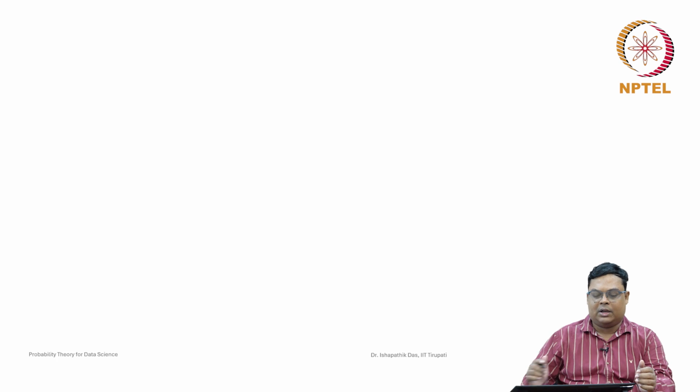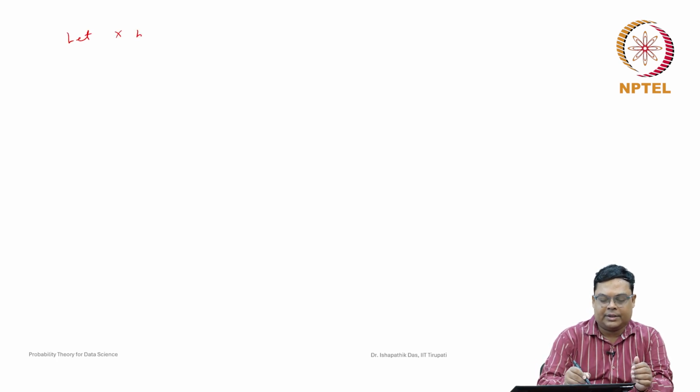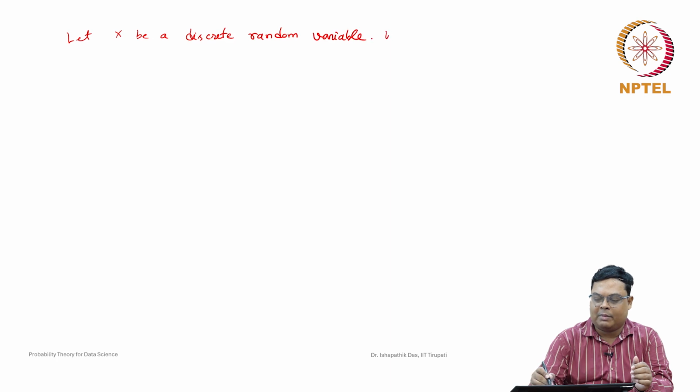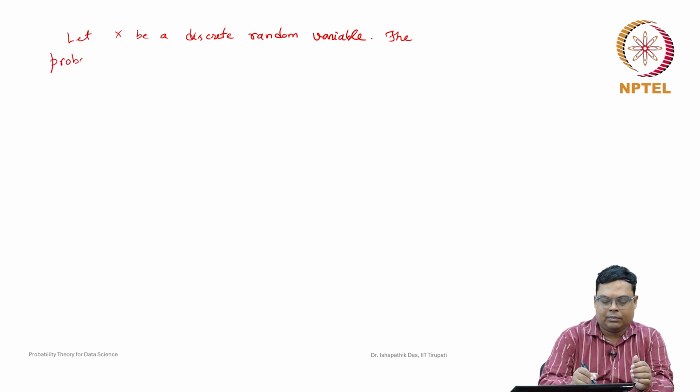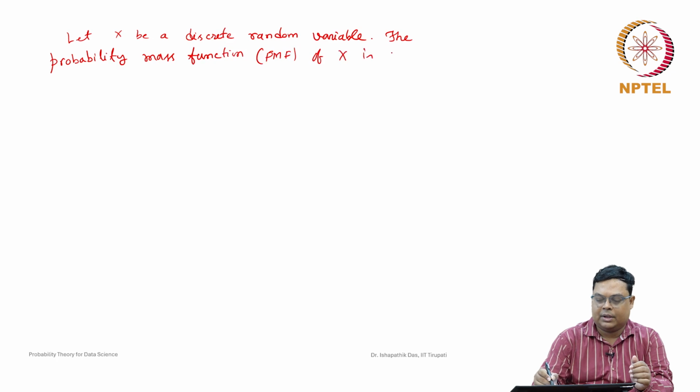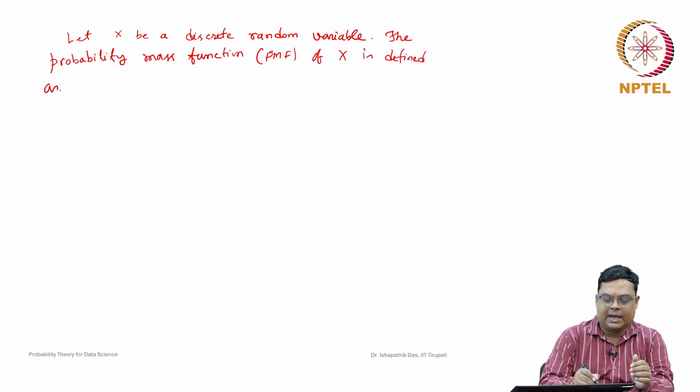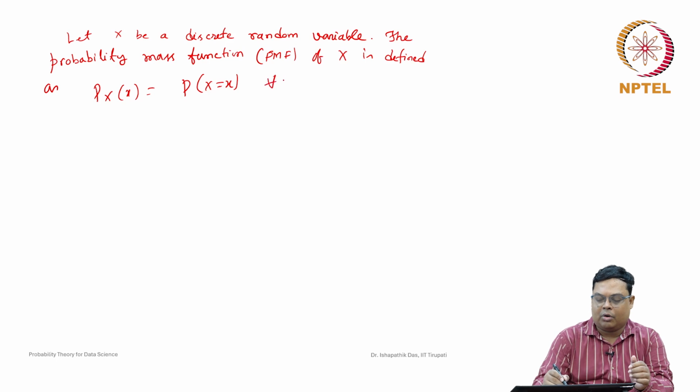So, you can remember: let X be a discrete random variable, we define the probability mass function, P.M.F of X, as defined as the probability that X is equal to x, for all x belonging to the real numbers.